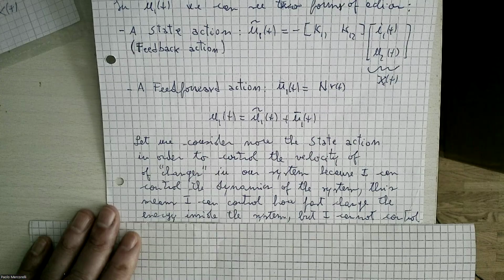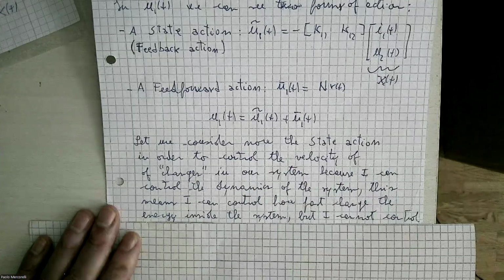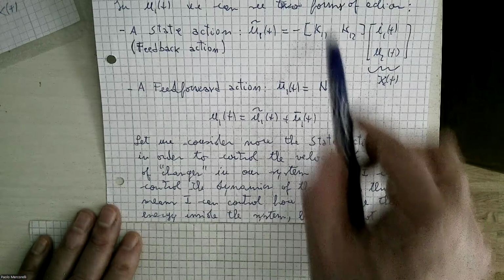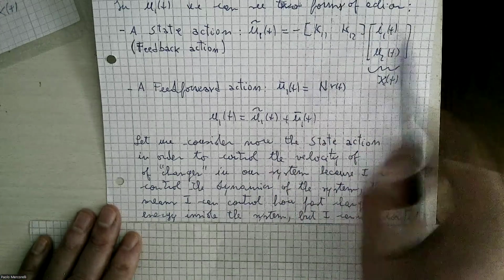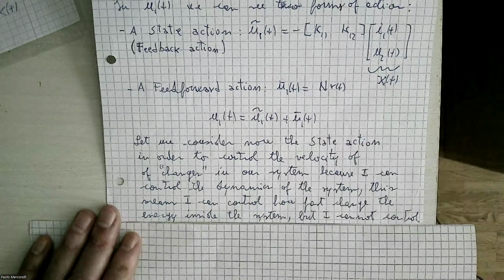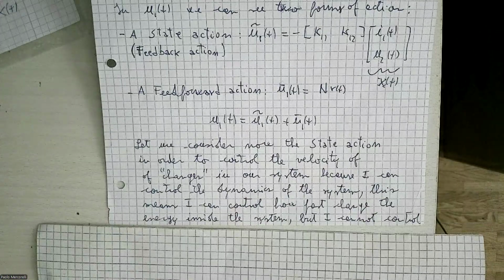Why these two steps? Because this first step, let me say, is state action. It seems clear that I act on the energy because I try to manipulate the energy, because U1 and U2 reflect the energy. Do you remember? This means U1 tilde acts directly on the energy. Acting on the energy, this action acts on the velocity of the changes of the states, of the whole states.